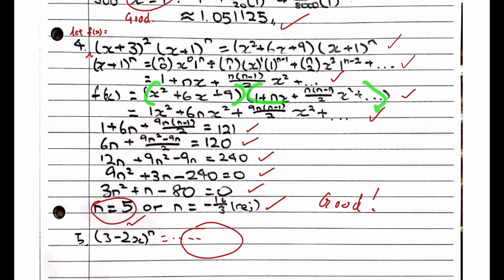In this case, they gave you the coefficient of the quadratic, so you just focus on the quadratic terms: 1x squared, 6nx squared, and 9 times n times n minus 1 over 2 x squared. So you can just get the coefficient by adding them all together, equate to 121. Then you try to solve for n. Yeah, you got it. Okay, you understand already. I can move on.